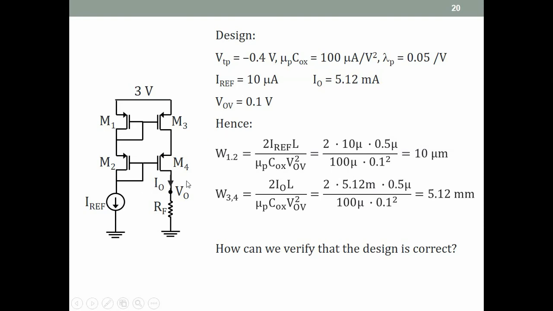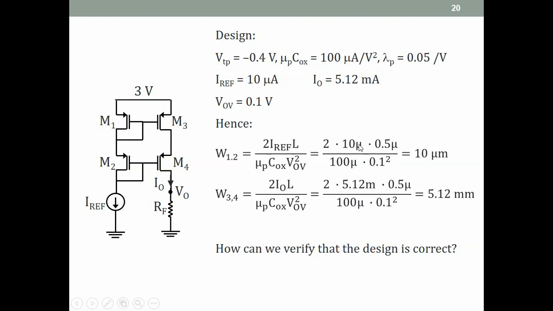All right, so we know everything in the current expression except the W's. So we write the expression for W. So W1 and 2, which have 10 microamp, we write as 2 Iref L over mu n Cox VOV squared. We know everything, so it turns out to be 10 micrometers. W3, 4, which are carrying 5.12 milliamperes, will be very large in size.